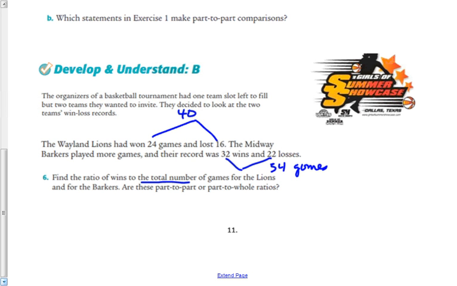So the ratios are the number of wins is 24 and the total number of games played is 40. And for the Barkers, it's 32 wins out of 54 games. And those are part to whole because we're using the total.